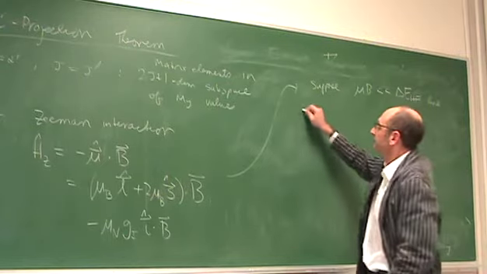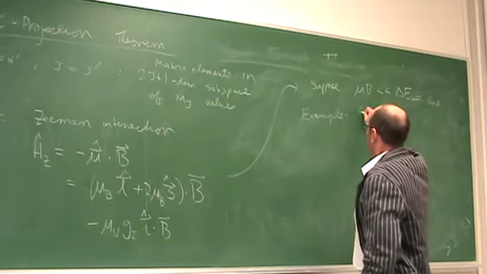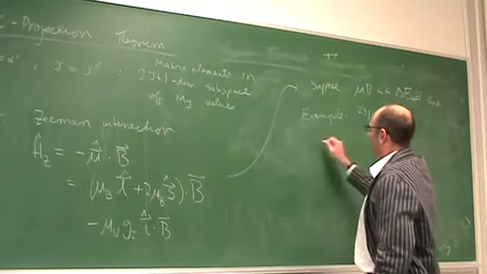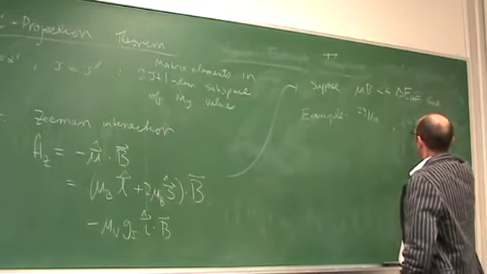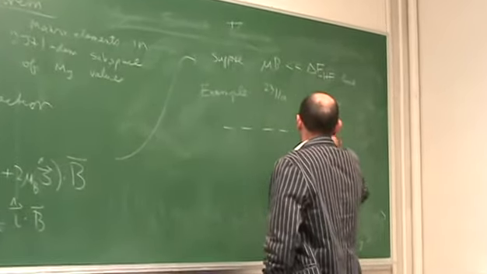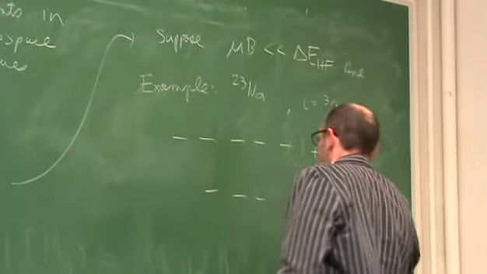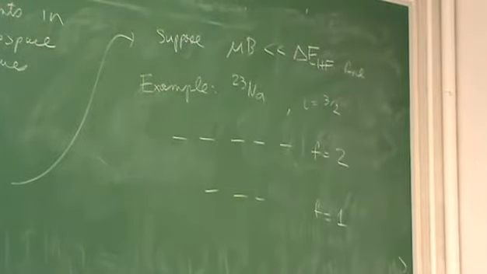So, for example, let's say we have sodium 23, which has a spin 3/2, and has an F equals 2 and an F equals 1 manifold. Remember that? Now we put on this magnetic field in this problem.